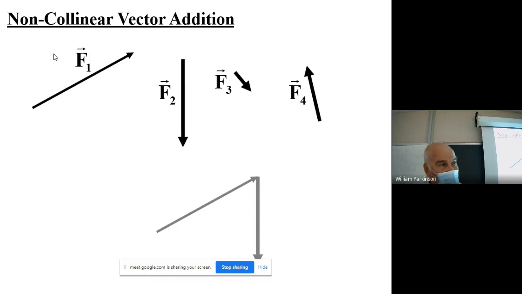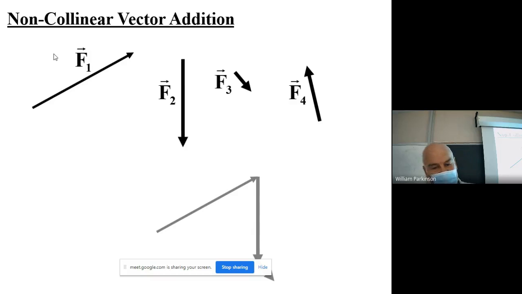Now, in actuality, if I then use F net from those two and combine it with the other ones, I have to get the correct result for the combination of all 4 anyways. I can combine them 2 at a time and then combine those results, and I would still get the right answer. But rather than do that, when I get to the tip of F2, I'm now going to lay F3 onto it.